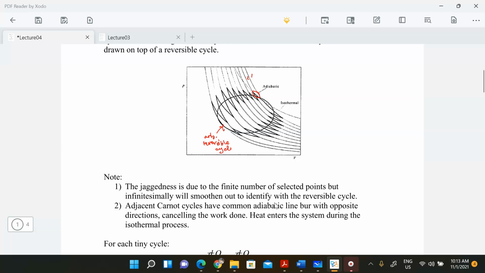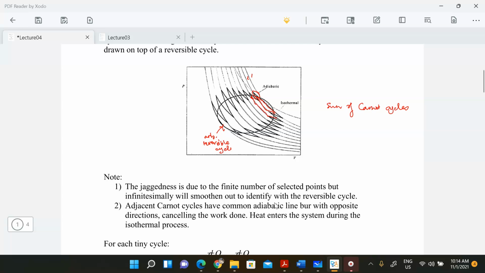The other thing we need to understand is that this is like a sum of many Carnot cycles. You can see that this process, in this Carnot cycle here, overlaps with the second Carnot cycle underneath.